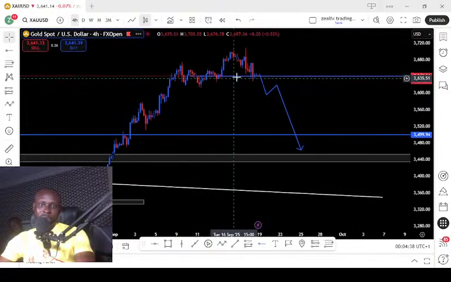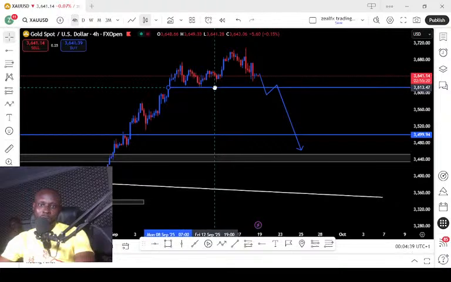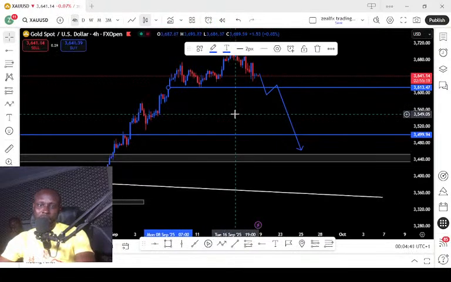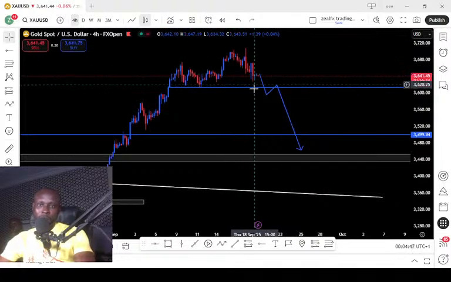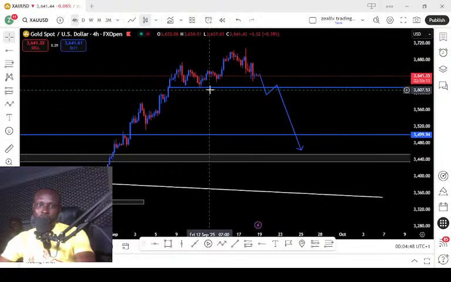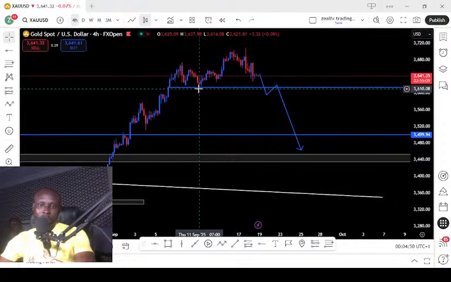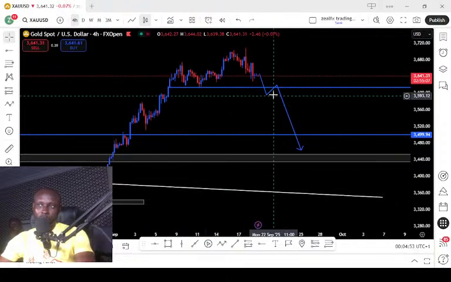So once price breaks this support level, we start heading down. So now we have higher high, lower high, lower high, but we also need price to break this current higher low. Once price can break this higher low, then we'll start looking for possible sell opportunity for gold to the downside.